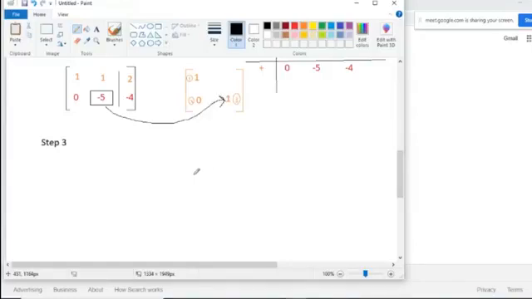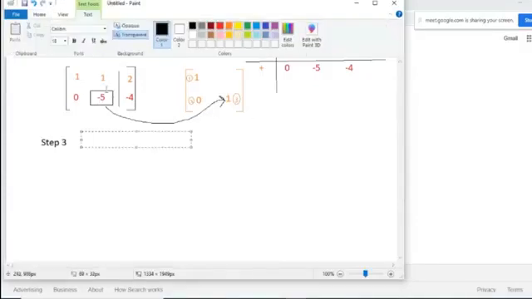To be 1. Then what should I do to convert this number to be 1? I should ask myself, this number negative 5, in which line? R2. In R2. Shall I use two brackets or shall I divide? Divide. I will divide by negative 5, correct.